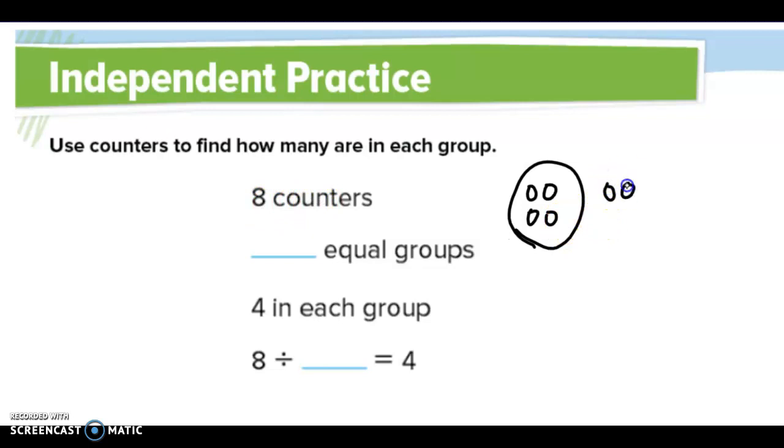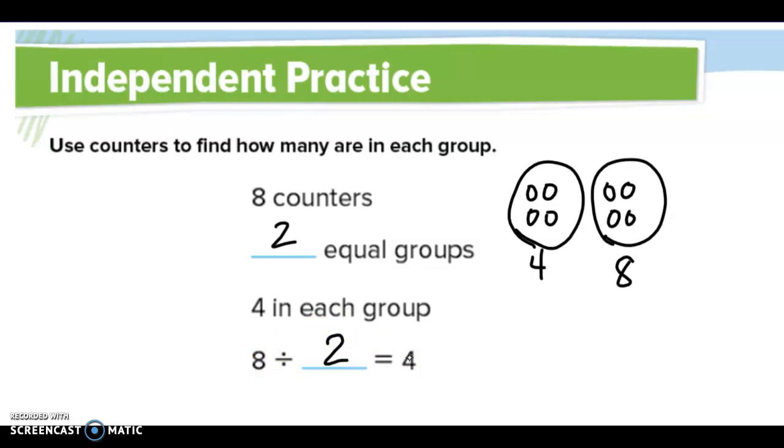Well, can I make another group of 4? Let's see, we're at 4, and then 4 more brings us to 8. Oh, that's our total number of counters. So if we have 8 counters and we put 4 in each group, how many groups could we make? 1, 2. So 8 counters divided into 2 groups gives us 4 in each group.